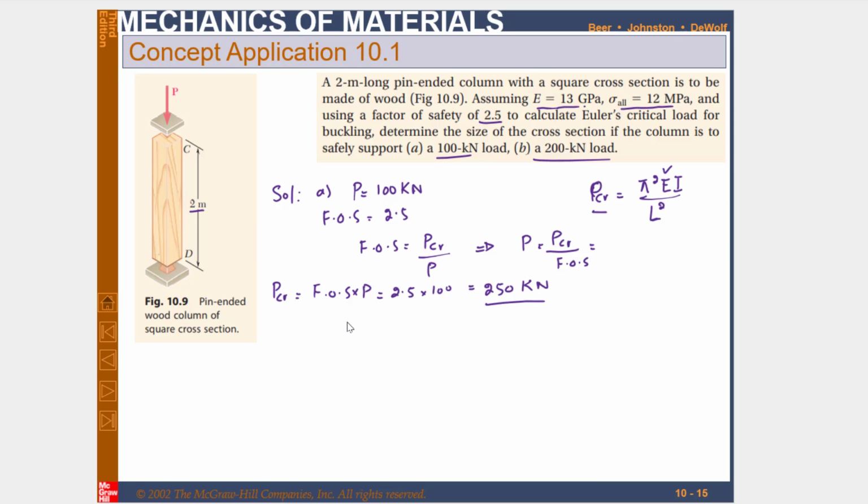So you can calculate I, and this I will be equal to P critical multiplied by L square divided by pi square into E. You can put the values: P critical is 250 kilonewton, so 250 into 10 raised to power 3, and length is 2 meters, so 2 square, clear, divided by pi square into E, which is 13 gigapascal, so 13 into 10 raised to power 9 Pascal.